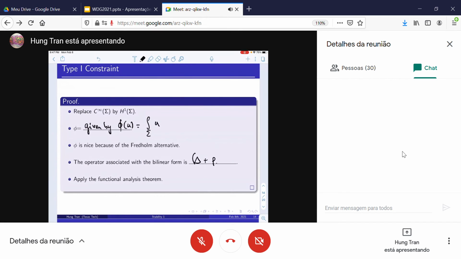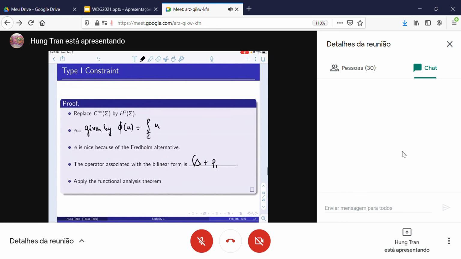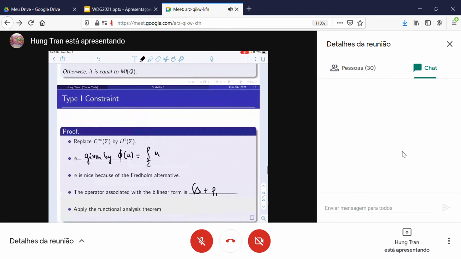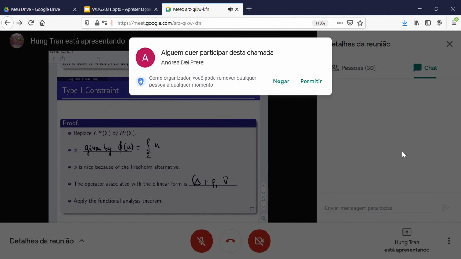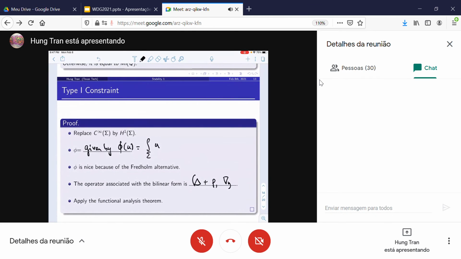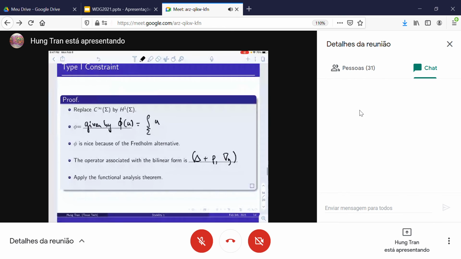Let me be a little bit more precise. The operator associated with the bilinear form here is Laplace plus p, which acts on the interior, and the boundary derivative here acts on the boundary. So this is on the interior, and this is on the boundary.